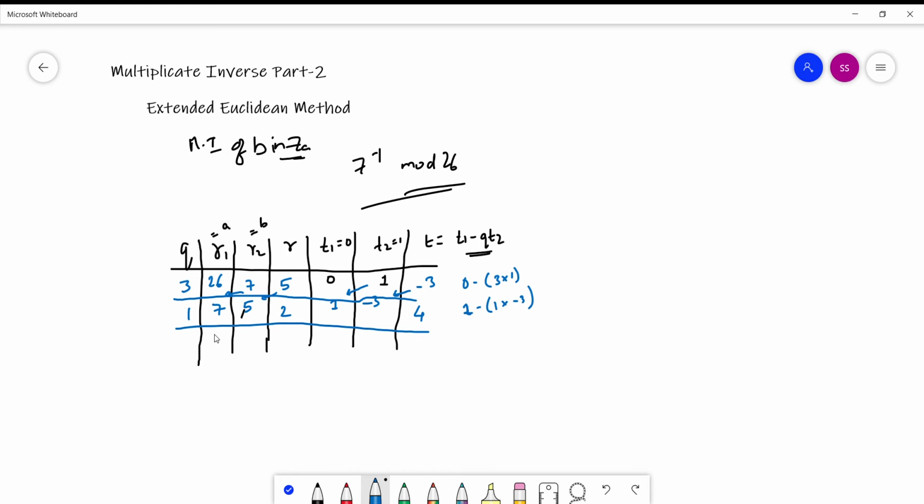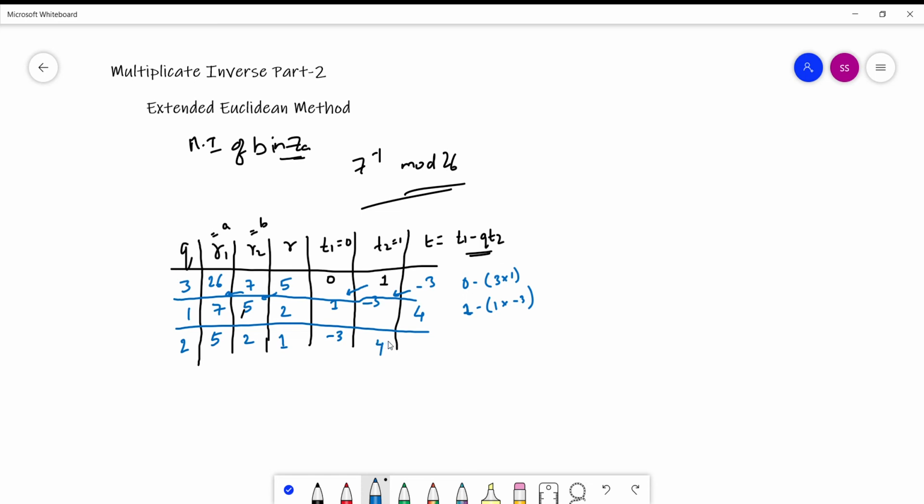Now again you have to shift. So 5 will come here, 2 will come here, minus 3 will come here, and 4 will come here. Now divide 5 by 2, you will get 2 as quotient and the remainder will be 1.